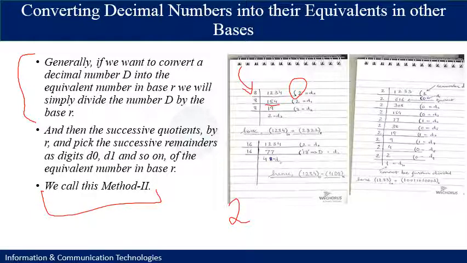We divide it again and we get another quotient of 19, and digit 1 is again 2, which is the remainder. Let's divide 19 again by 8 and we get 2, and the remainder is 3. So we get the third digit as 3, and finally we have the quotient 2, which cannot be further divided. Therefore this is the representation of the decimal number in octal.